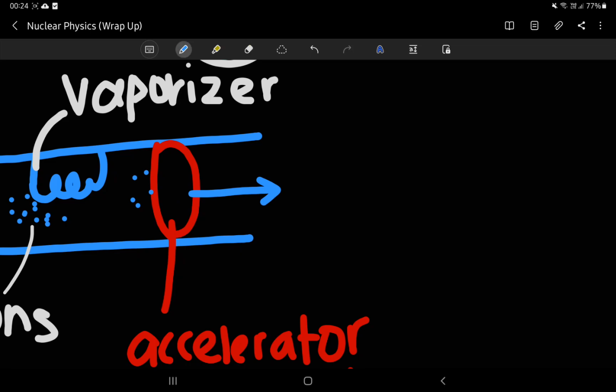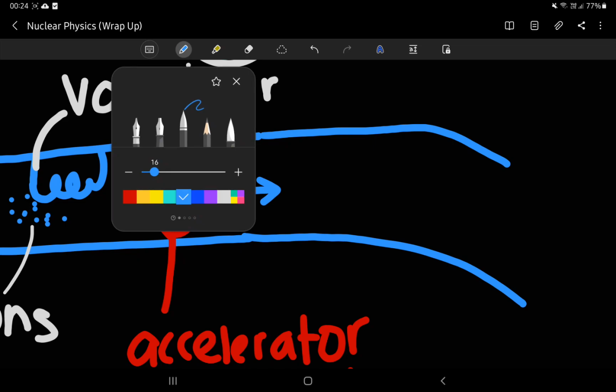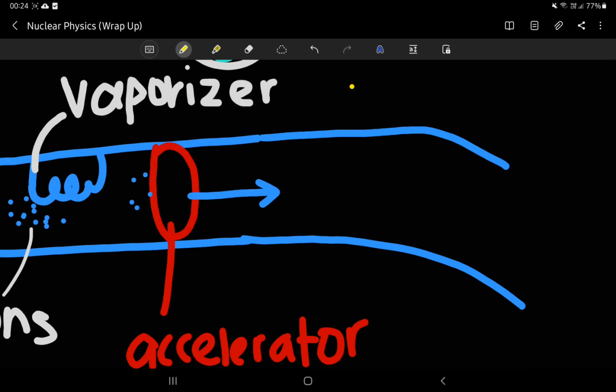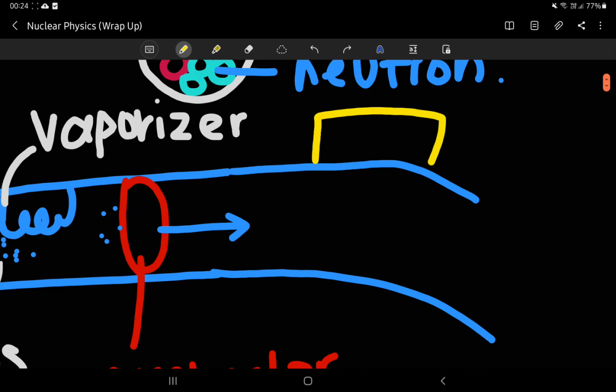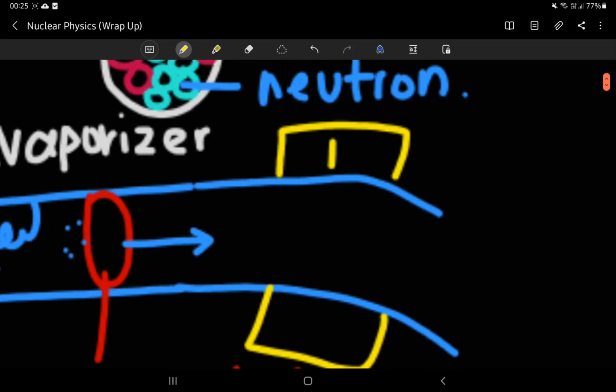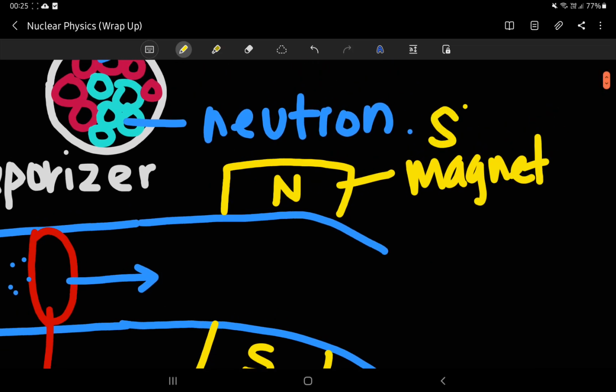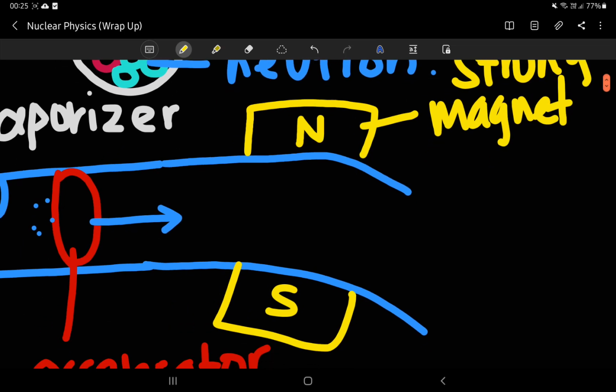And then we have the region of magnetic field. This is a strong magnet, north south, which provides the magnetic field, into the page for example. So this is a uniform magnetic field.